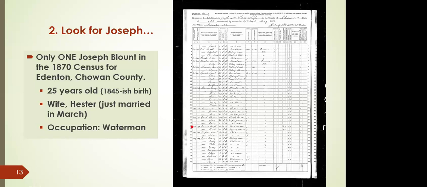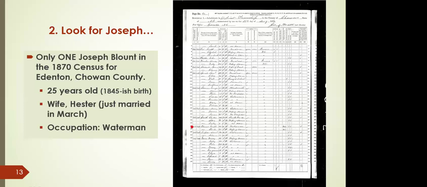Now, hopefully you know by now that not all enslaved people took the surname of their last or even previous owner. But in this case, I did find one Joseph Blunt in the 1870 census for Edenton, Chowan County, North Carolina. This Joseph was 25 years old. That was the age he reported, which gives him a birth year somewhere around 1845.